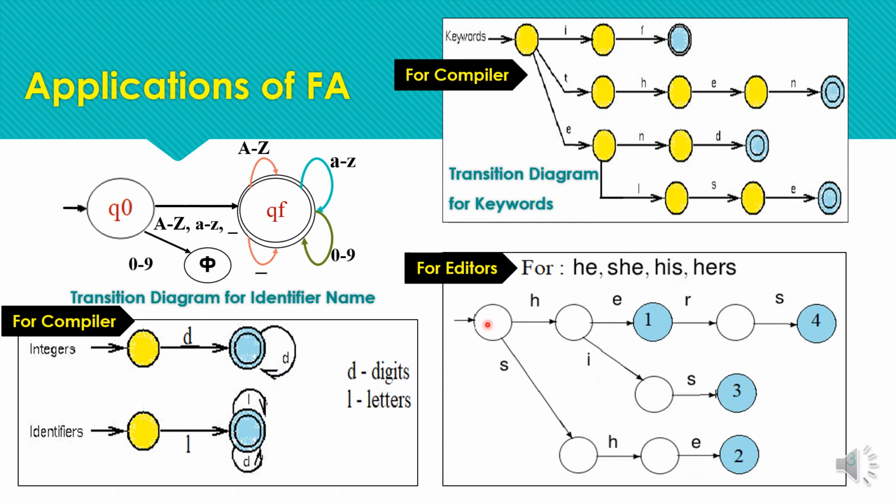Like if we are going from the initial state as hers, so if we write only H, here the blue states are final states, meaning they are identifying a word. So from the initial state, if we write only H, we are at a non-final state, and this word is not part of the dictionary. So the editor or spell checker will show the error for the same.